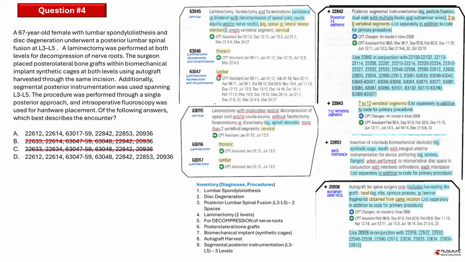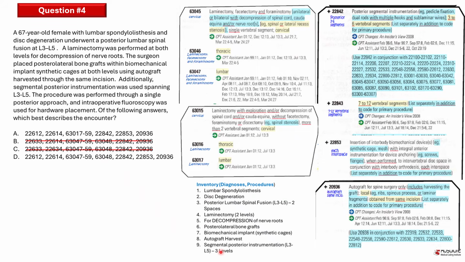Lumbar. I don't like this code. I'm going to give you a moment. Go ahead and type in the chat and tell me what's wrong with this code. If you said that this facetectomy and foraminotomy was not carried out, that is correct.